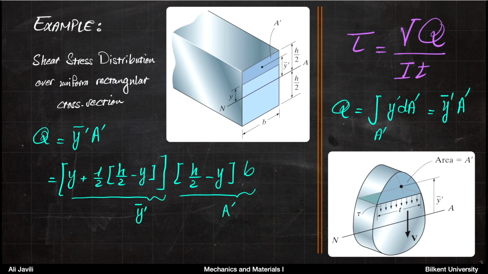And if you are interested to find the shear stress at the distance y, you would calculate Q for this area, which starts from y all the way up to h over 2.